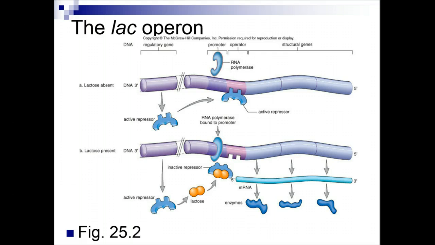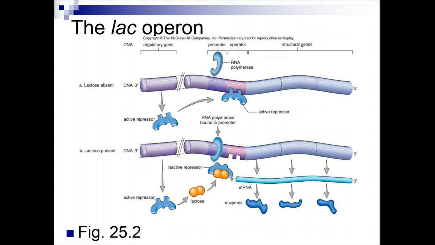When lactose is present, lactose will bind the repressor protein and change its shape so that it can no longer interact with the genes for producing enzymes for lactose metabolism. When bound to lactose, the repressor is altered such that it does not bind the operator.